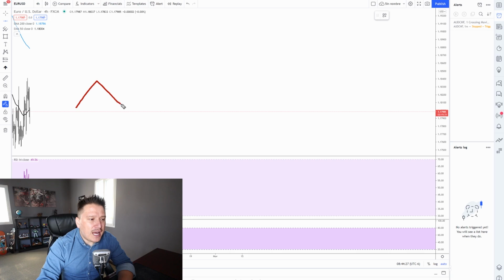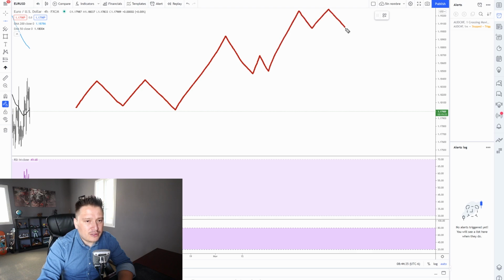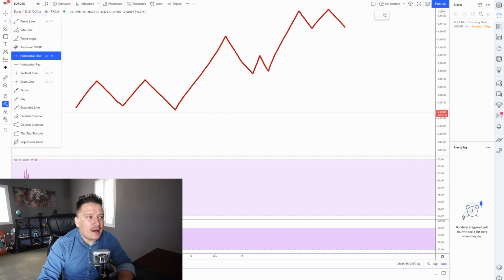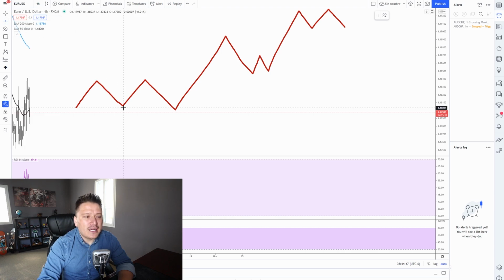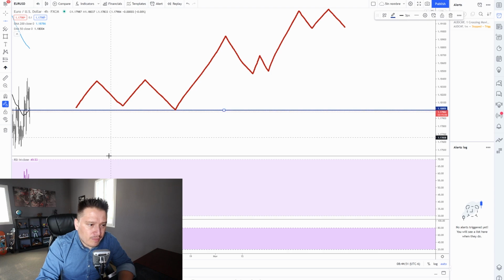So this is how markets usually move during the day, right? Now, a support level is the line or the level that goes at the lowest point of the chart right here.